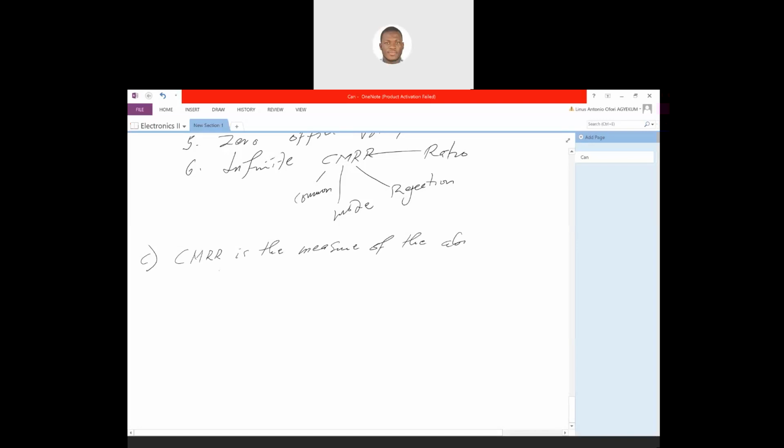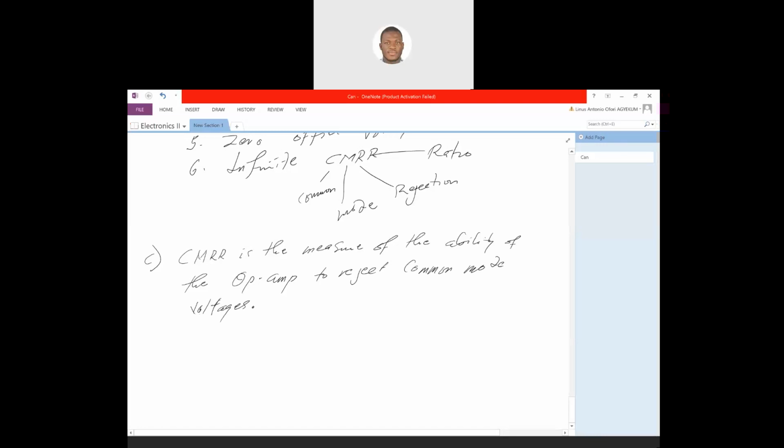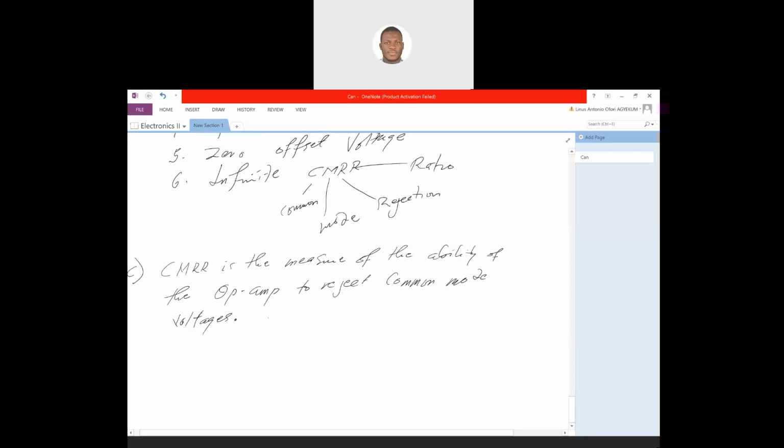CMRR is the measure of the ability of the op amp to reject common mode voltages.